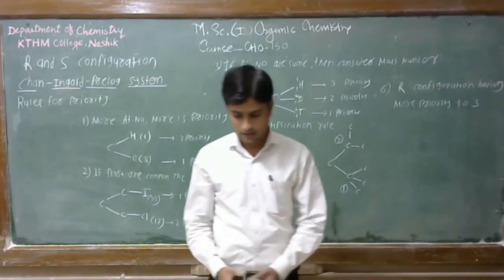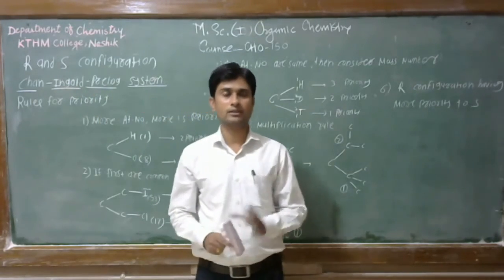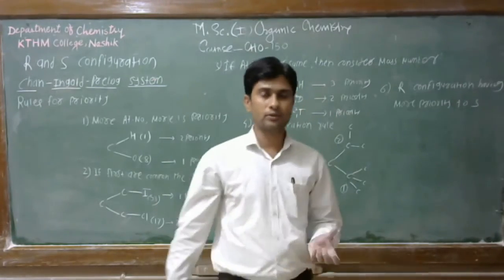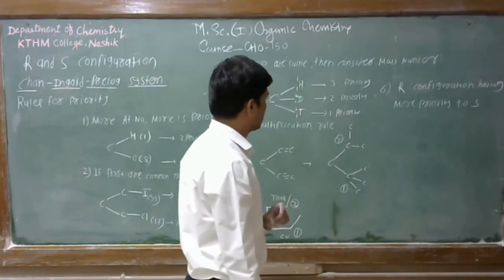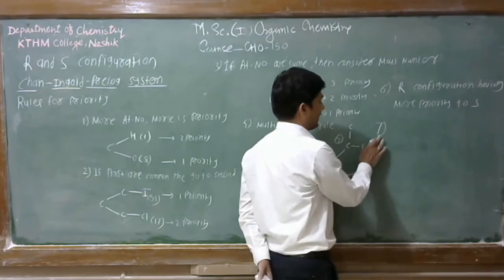If there is a case in which two groups are the same but one has the R configuration and another has the S configuration, then we have to give first priority to the R configuration over the S configuration.